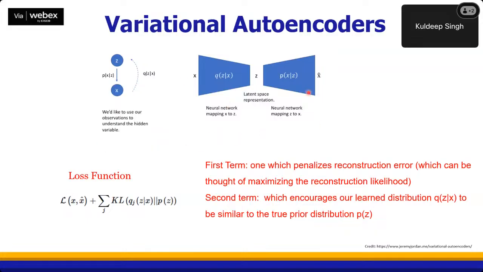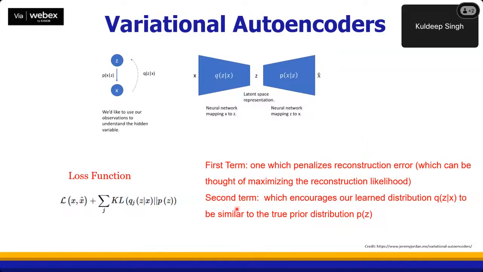Now, we will formulate this loss function here, and this loss function has two terms you have seen earlier. The first term is the reconstruction likelihood. This helps us in maximizing the reconstruction likelihood. It reduces the reconstruction error.